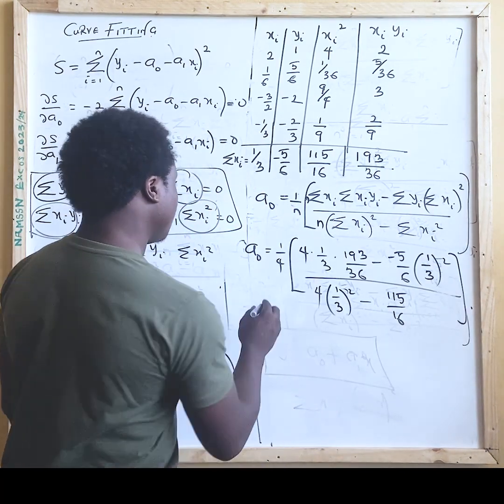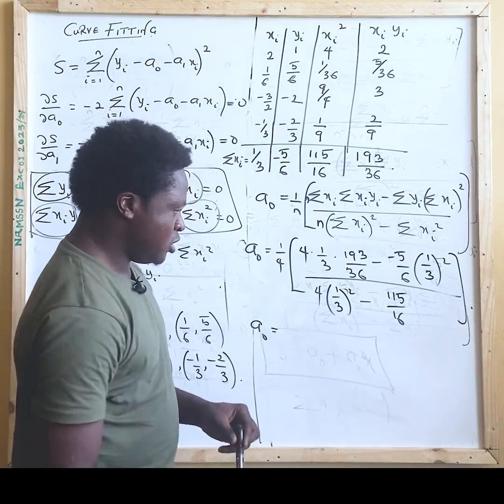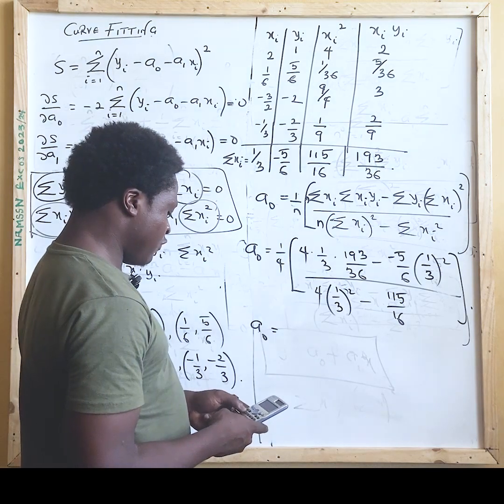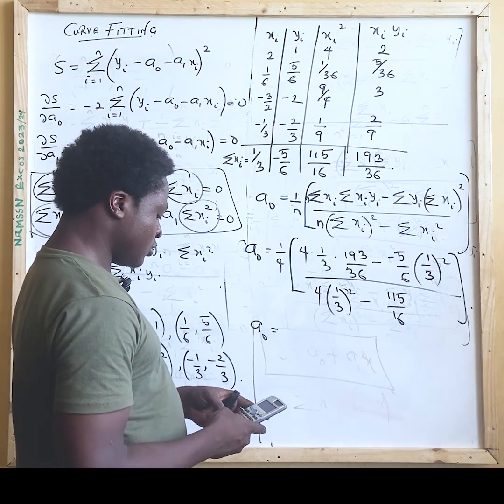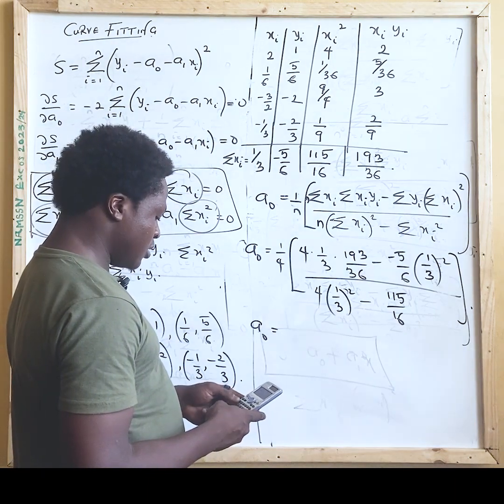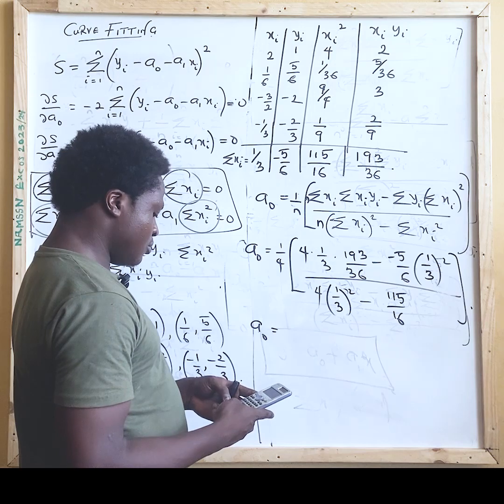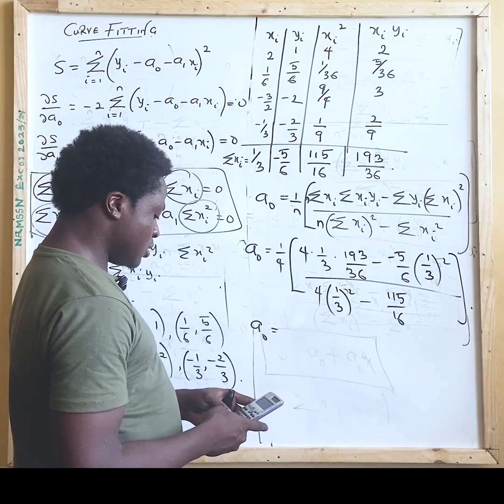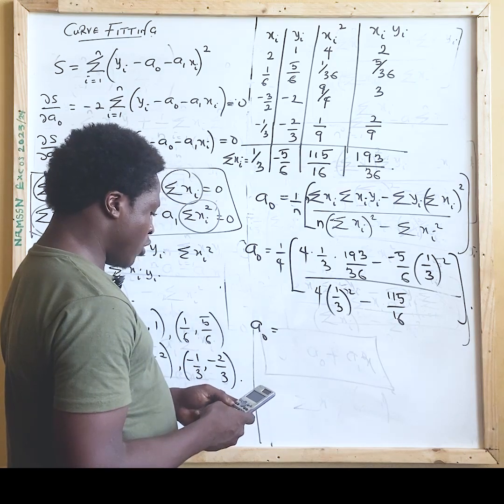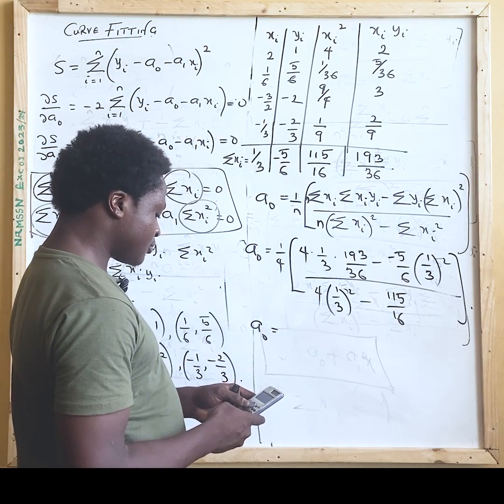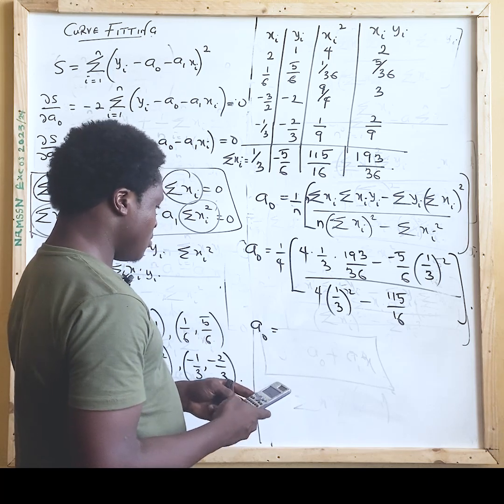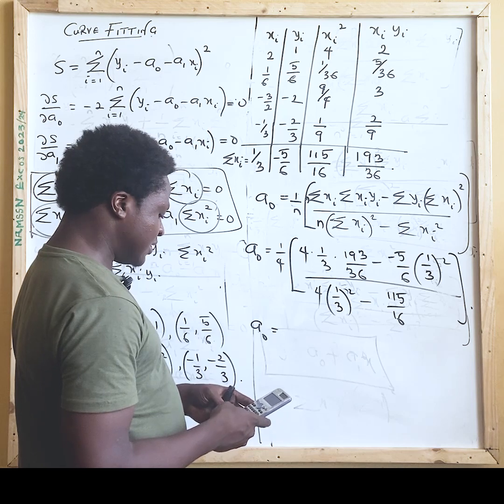So it remains for us to go and use our calculator. We can have our a naught equal to, using your calculator, 1 over 4 times 4 over 3, times 193 over 36 plus 5 over 6 times 1 over 9, over 4 times 1 over 9, minus 115 over 16.